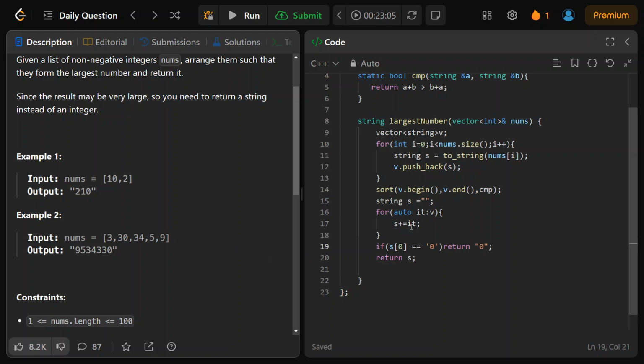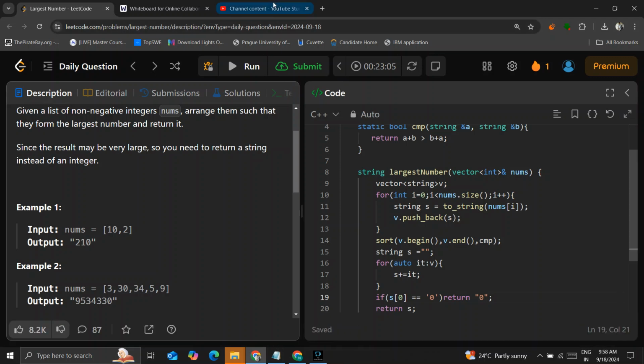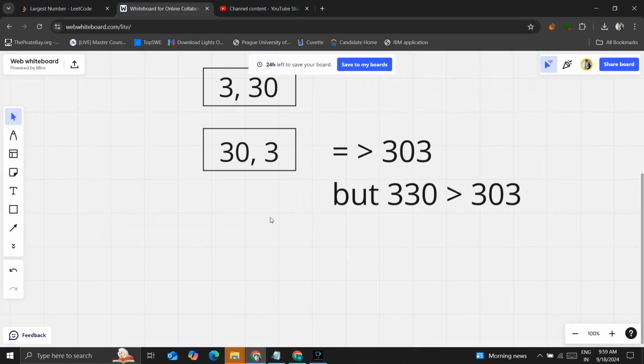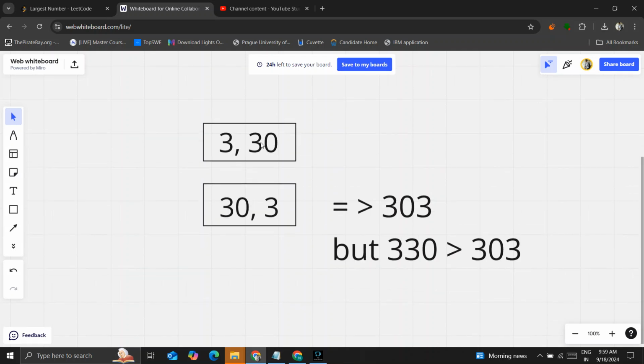But sorting in descending order and then storing in the string will give us a wrong answer in some cases. So what are those cases? Let me first take you to the whiteboard. Suppose these are the two values, 3 and 30, and this is our vector, and suppose these values are in string format.